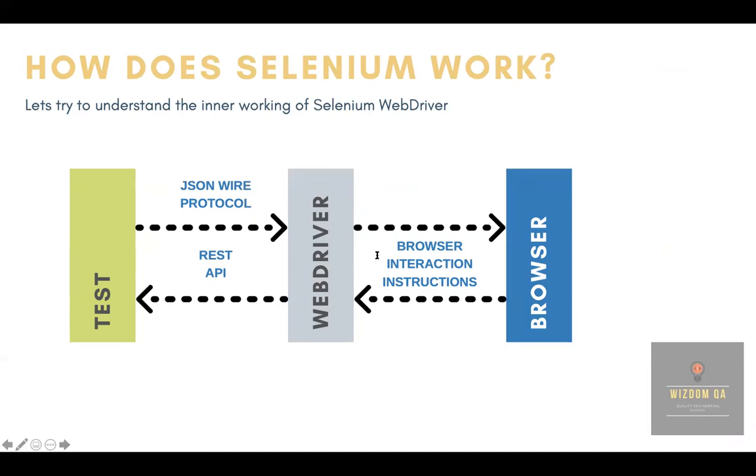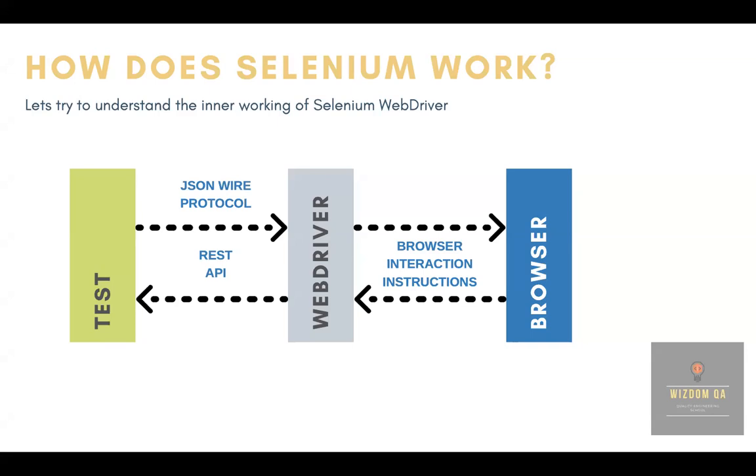And then WebDriver performs that action in the web browser by running a JavaScript command. Once the JavaScript command is executed, the browser responds back with a status code saying whether the click operation was successful or not.